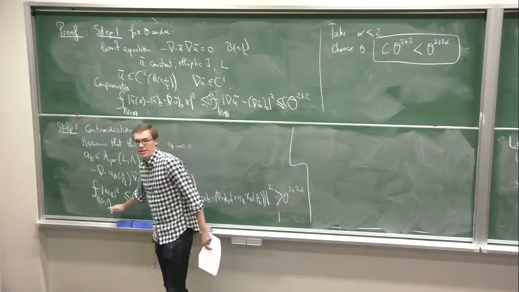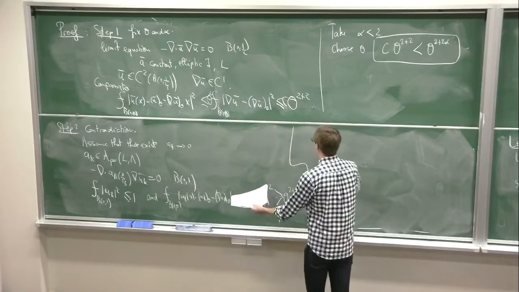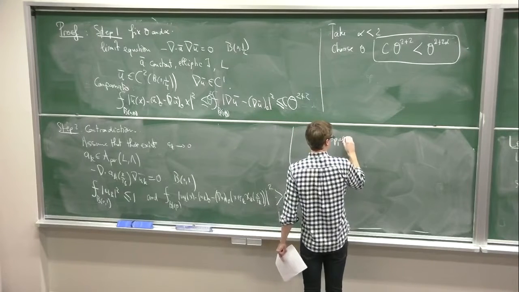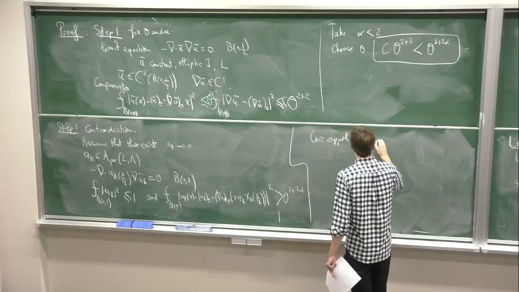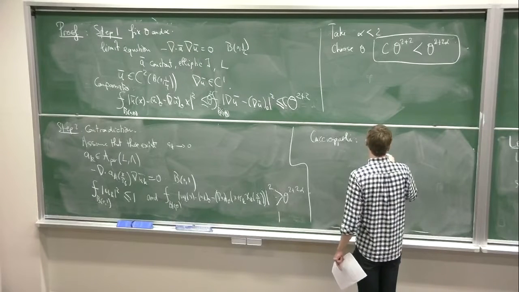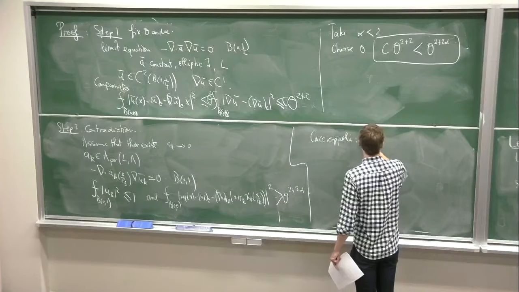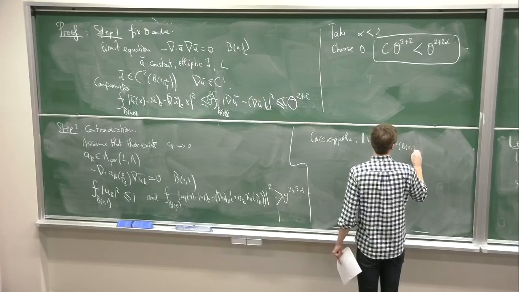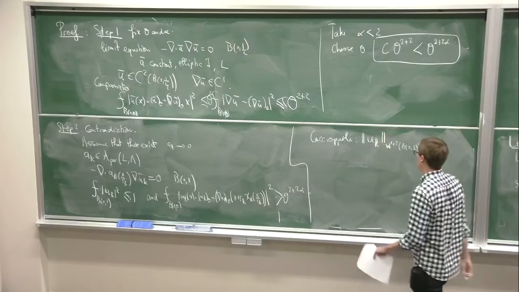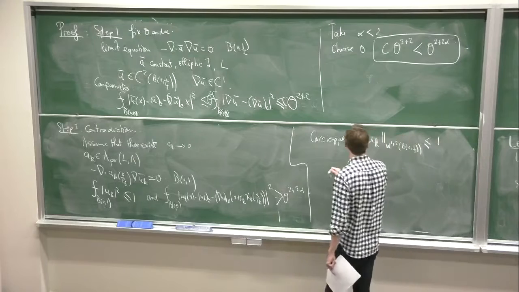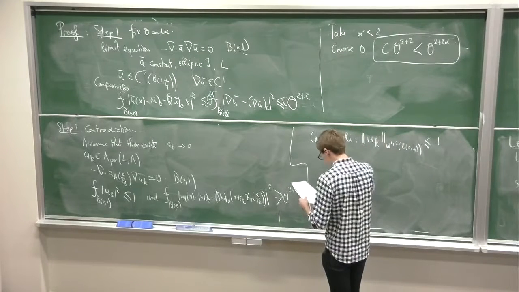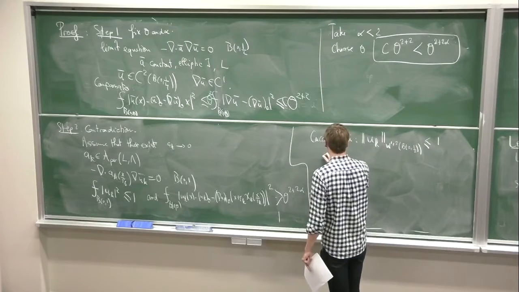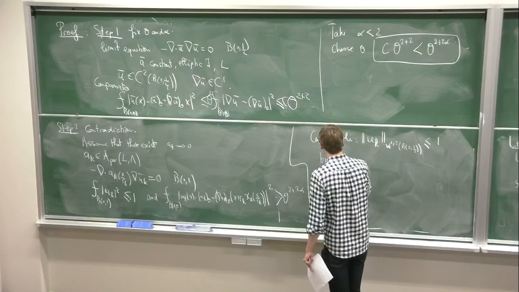From this bound you will get compactness, as I told you. So by Caccioppoli, you get that U k is uniformly bounded in W12 of the smaller ball. And so from this, now we can directly apply the lemma about weak convergence.